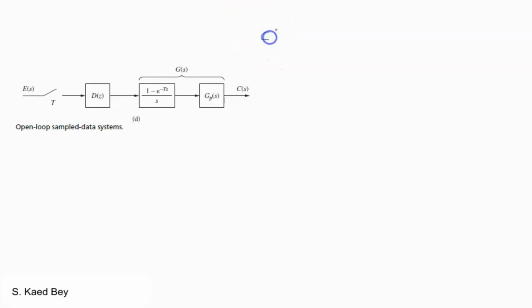We have covered this similar example before, so if we apply the same technique over again, we can find that C of S equals the plant transfer function multiplied by the zero order hold equivalent multiplied by the digital controller in the Z domain, multiplied by the input. Now the input E star of S is just after the sampler.